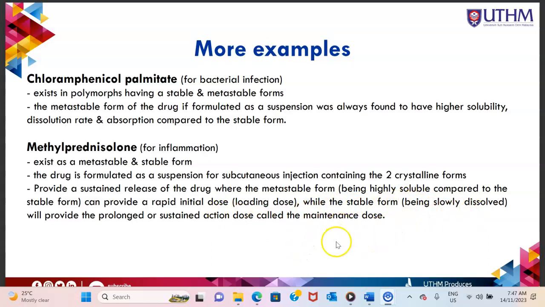So imagine if you have two polymorphs of the same therapeutic treatment. The first, metastable, will release its impact and give a faster therapeutic effect, and then it will be carried on by the stable form that will prolong the overall action, which is called the maintenance dose.